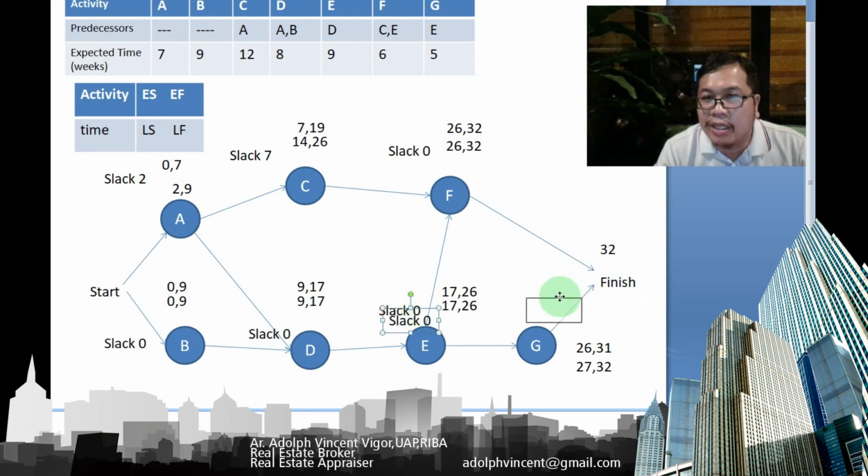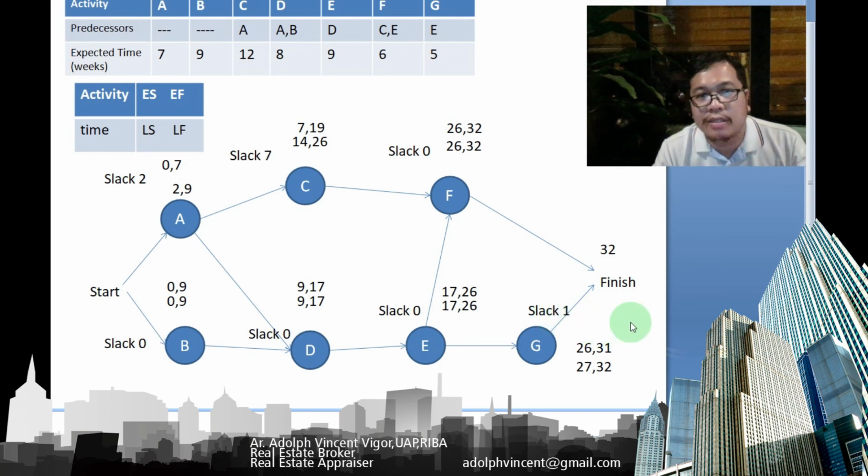Here at G, the slack is around 1 week. So 27 minus 26. Okay, so we have already determined the slack. Now let's determine the critical path of this network.